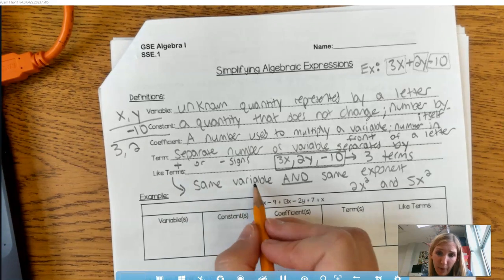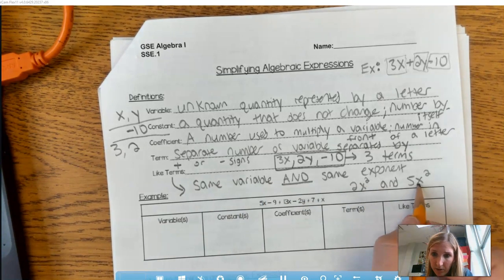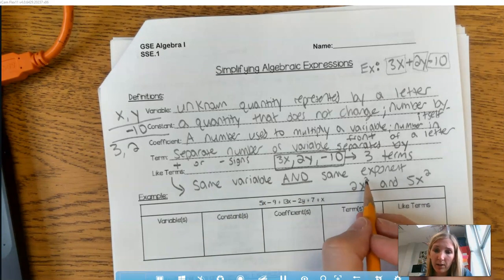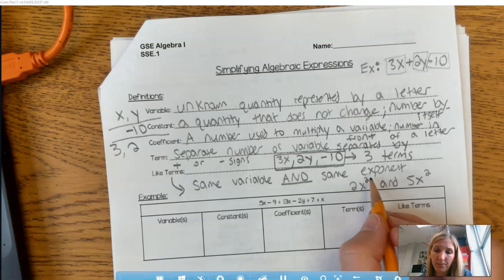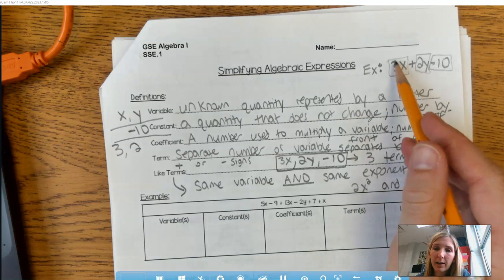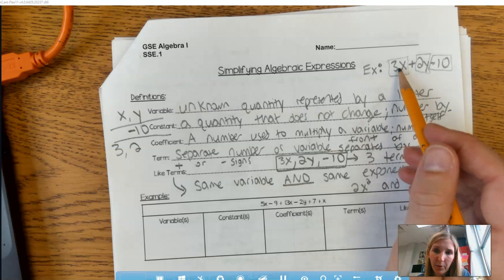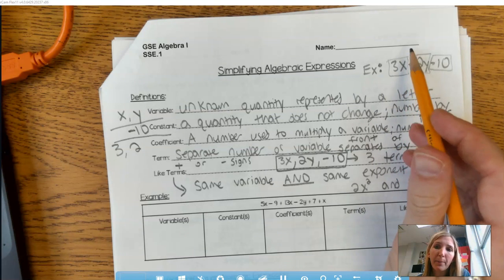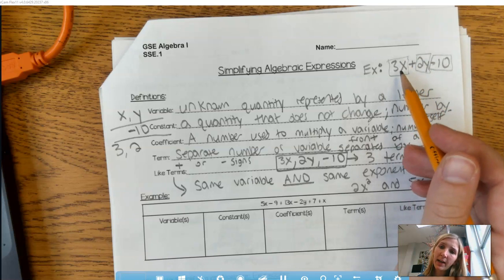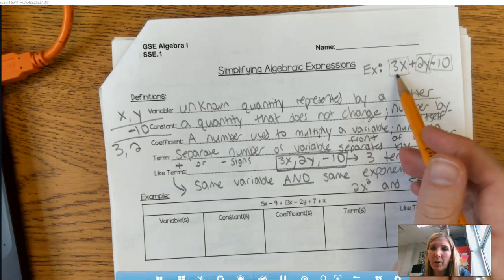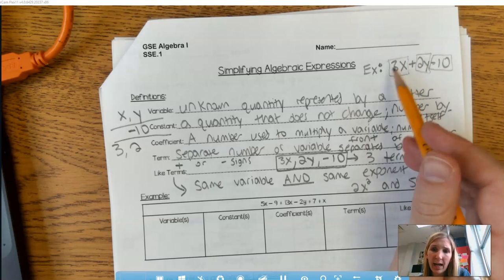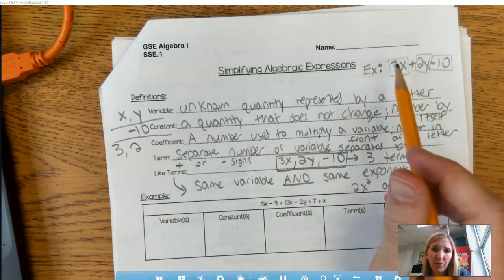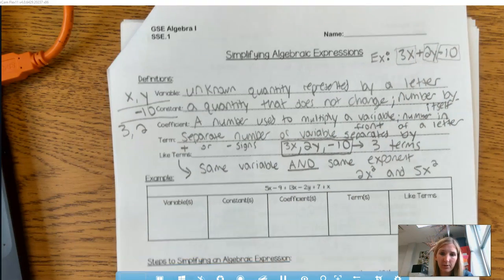Do they have the same variable? Yes, x. Do they have the same exponent? Yes, squared. Now, 3x doesn't have an exponent. If there is no exponent, I want you to assume a number 1. So go ahead and tell me on the Edpuzzle free response, what would be a like term with 3x? What would have the same variable and same exponent as 3x?